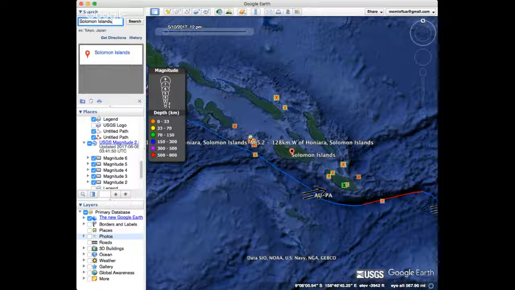The question is, what would you expect to see if you went further inland? And I wrote down that the earthquakes will have lower magnitude the further we are from the trench. Is that what we agreed?